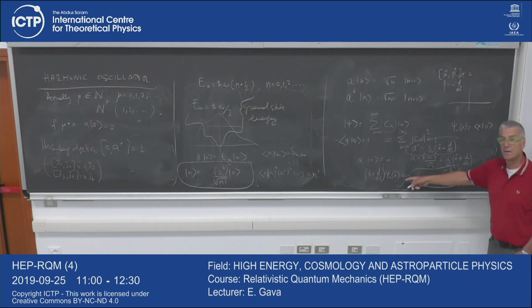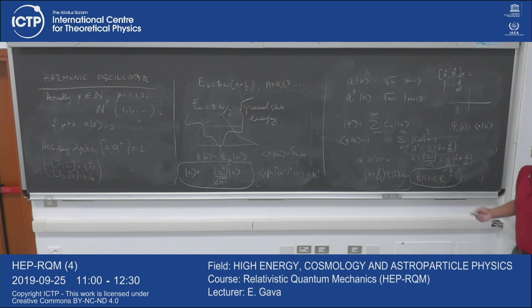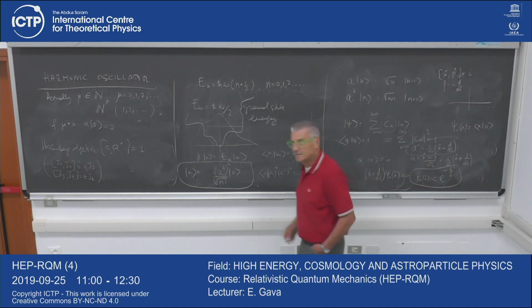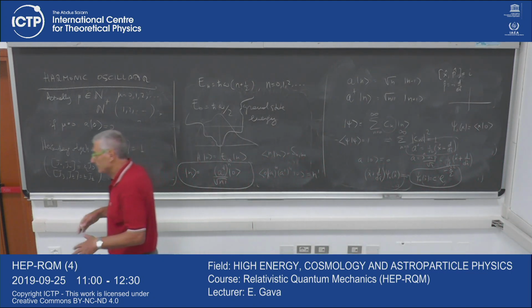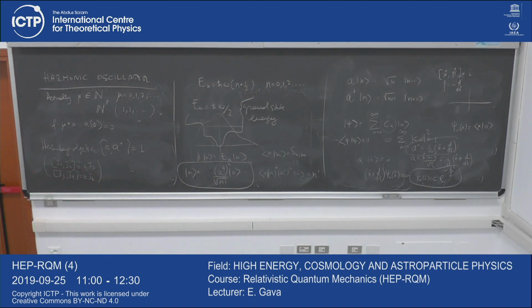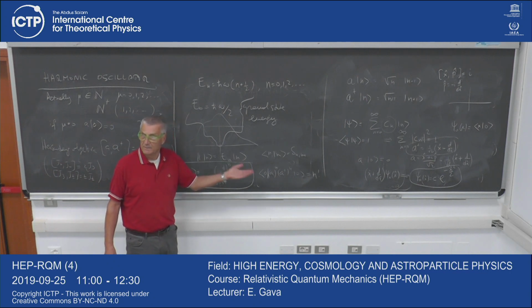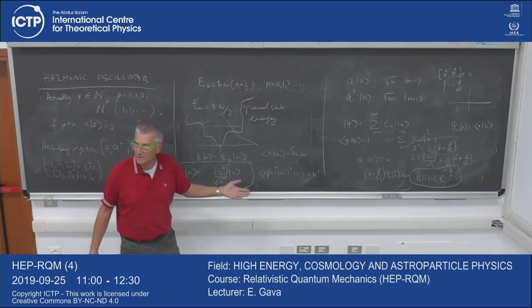on the ground state wave function. It will be a first order polynomial times always the Gaussian. The Gaussian is always there, and this is what makes the wave functions square integrable. If you put the correct normalization, you get the correctly normalized wave function.